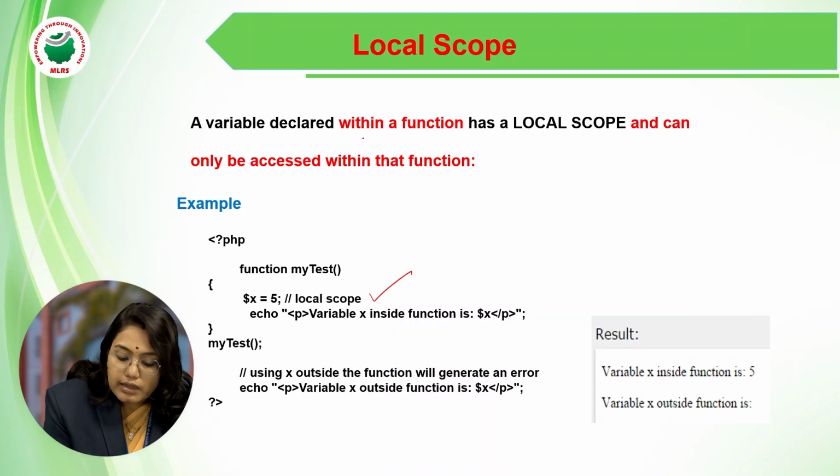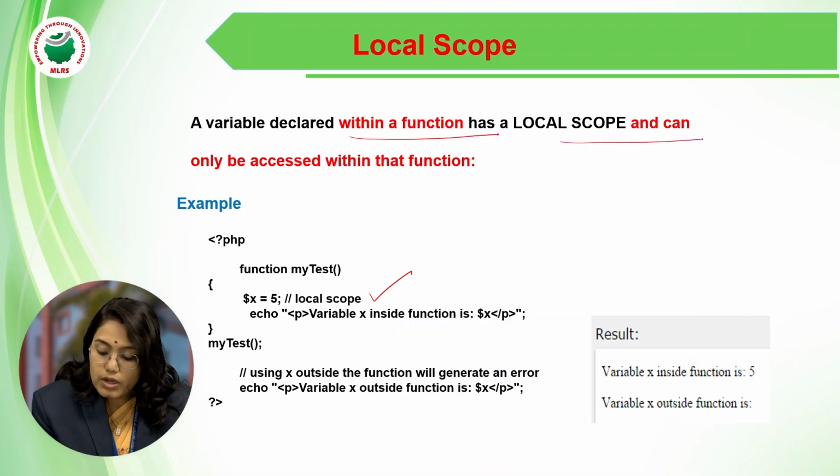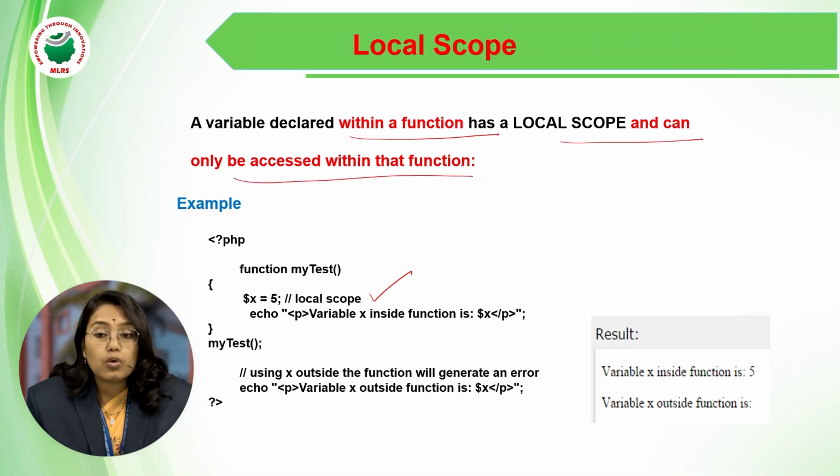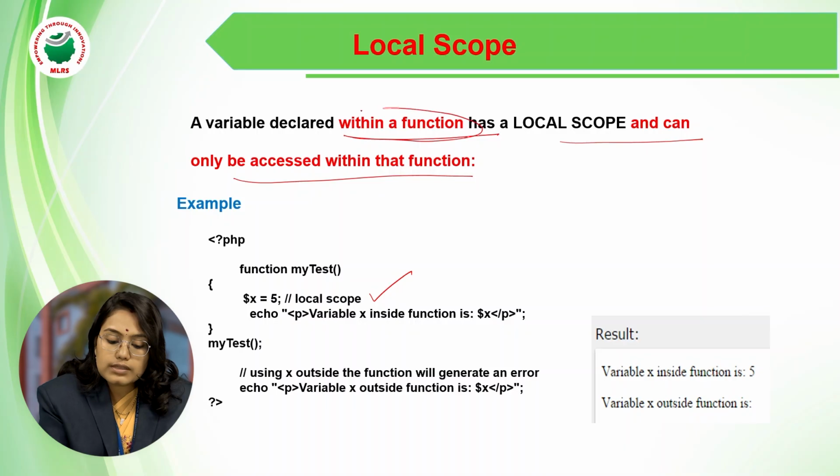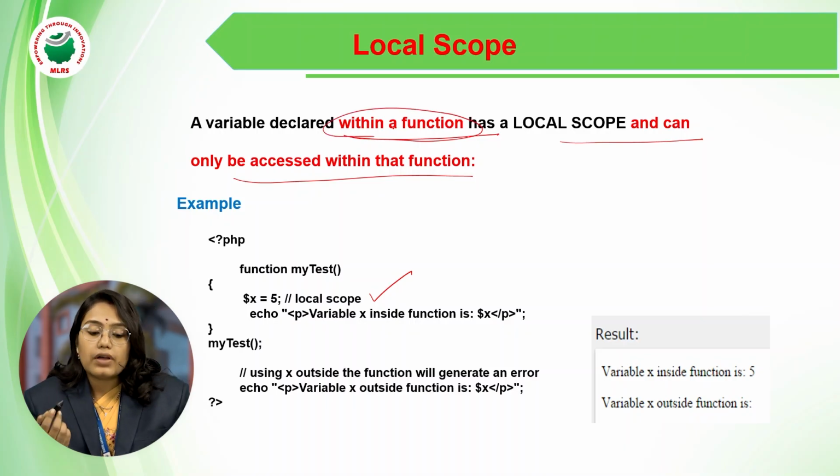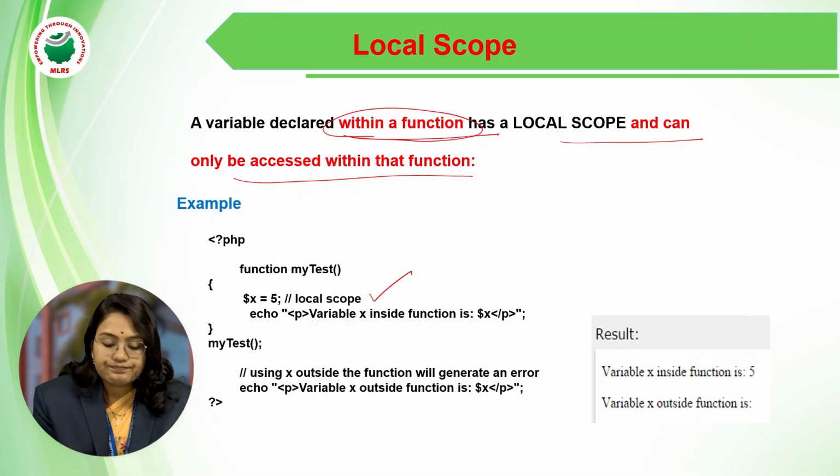A variable declared within a function has a local scope and can only be accessed within that function. Here, the local scope is nothing but the function where the variable is declared, so we can recall it within that function only.